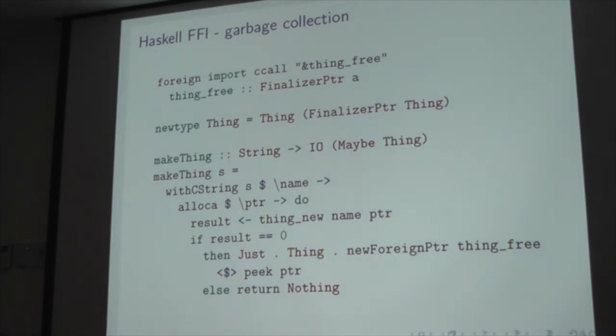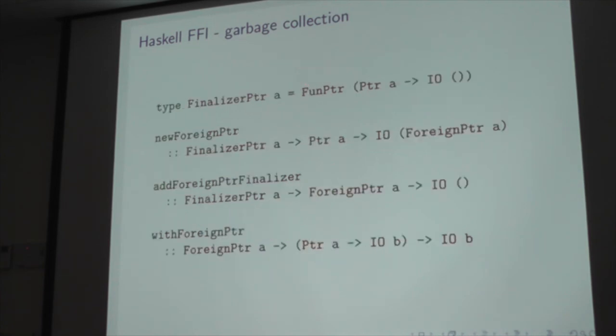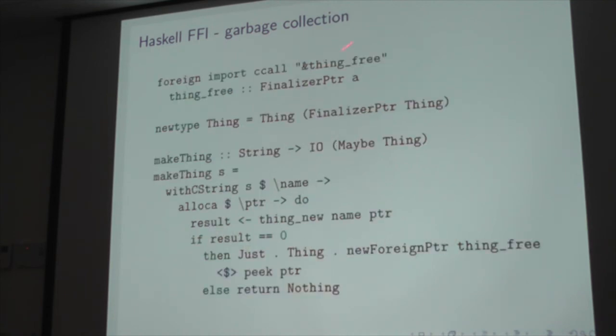A pointer says this is pointing to a memory location. Ampersand says I want the memory location of this. This finalizer pointer is a function pointer. So in order to get a function pointer, you need a pointer to the function. The way we get that is we use the ampersand operator to say, please give me the address of this function.